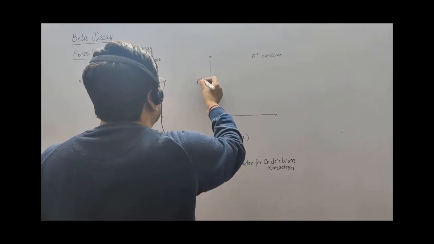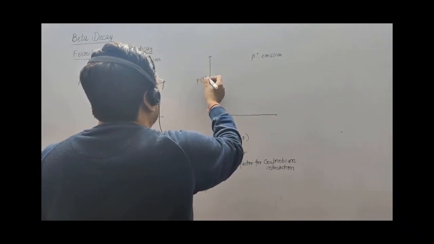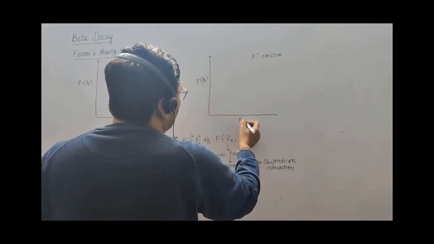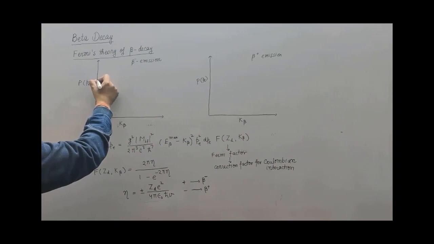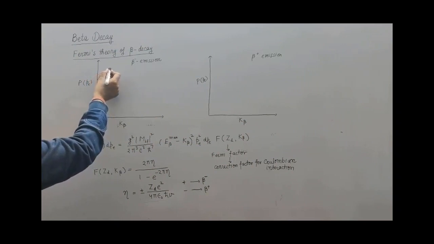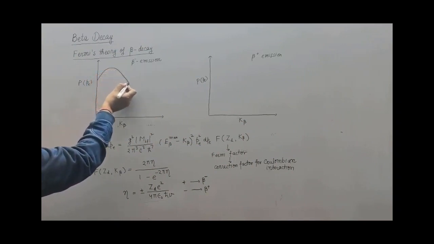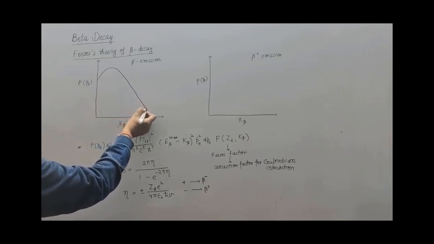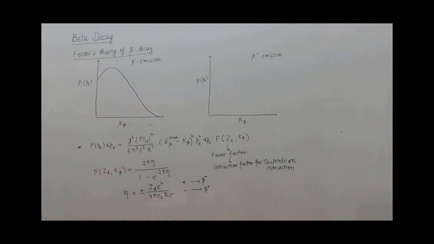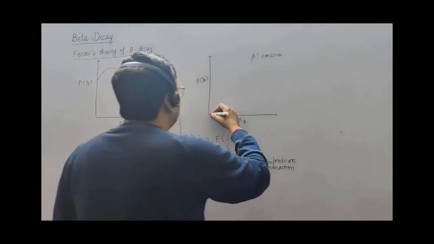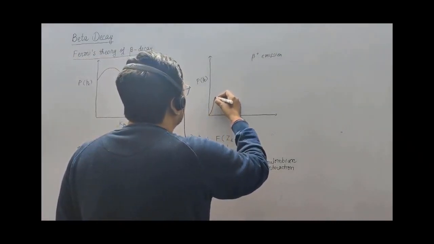Here again they plotted P_e versus K beta, and they found two different shapes. For beta minus emission they found this type of shape, which matched the experimental results. And for beta plus, they obtained this type of shape.